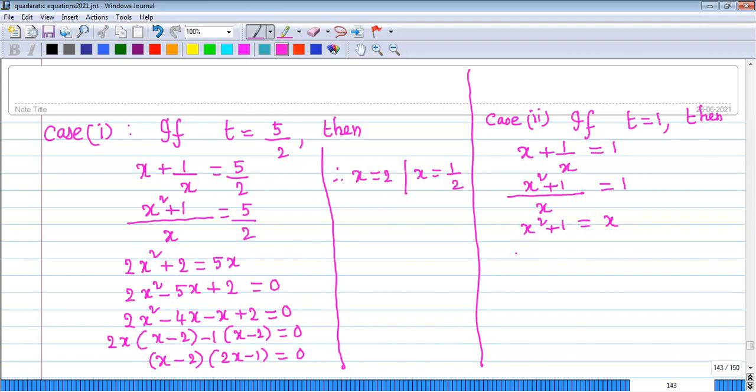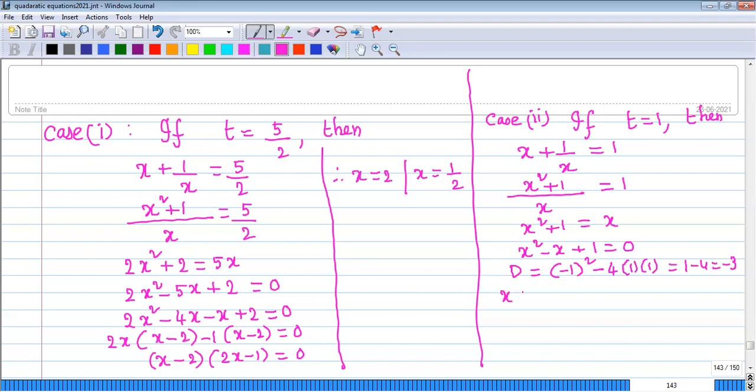Bring x this side: x² − x + 1 is equal to 0. Now the factorization method is not possible, so go for the quadratic formula method. First find out the D value here. D is equal to b² − 4ac, which is (−1)² − 4 into 1 into 1. This is 1 − 4, that will be minus 3.